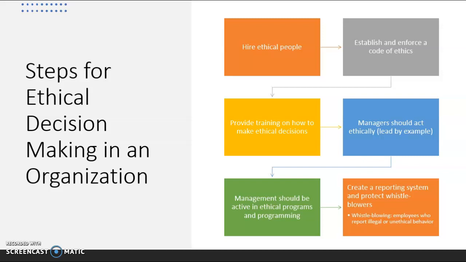And sometimes this is looked upon negatively, but in reality, this is how a company is going to know if unethical behavior is happening and allow them to change it. And so you really need to have an anonymous reporting system and then protect these people who do step up and call out this unethical behavior.